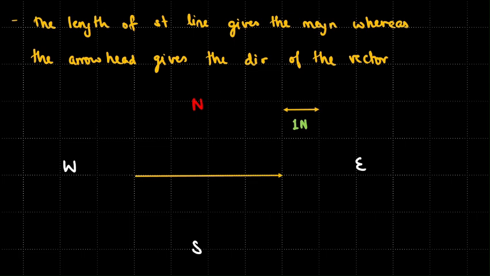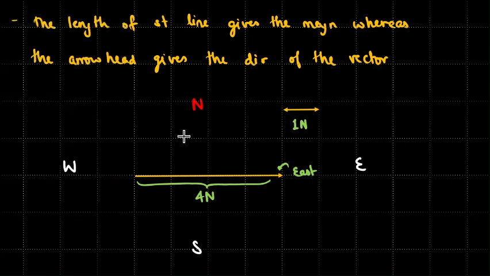This length covers 1, 2, 3, 4 units, which means it is 4 Newton. So this length represents the magnitude, 4 Newton, and the arrowhead represents the direction. So it will be east. So it represents 4 Newton east.